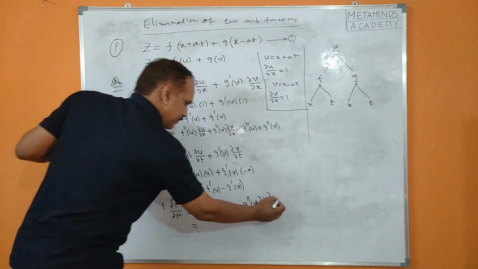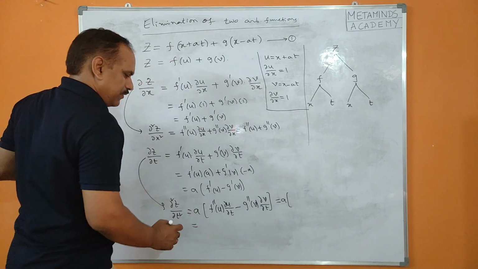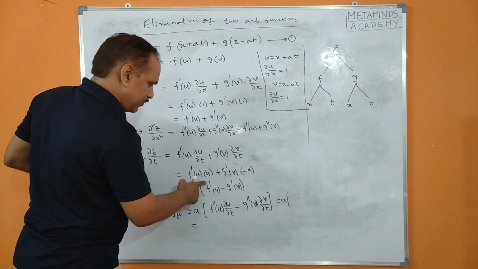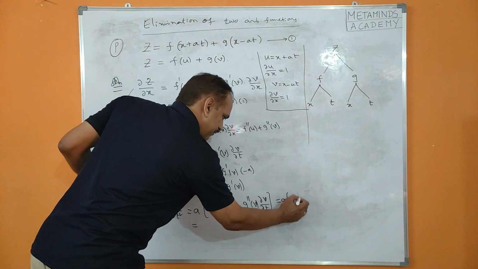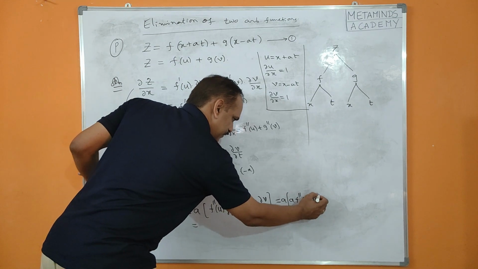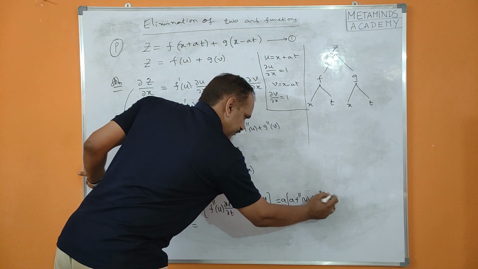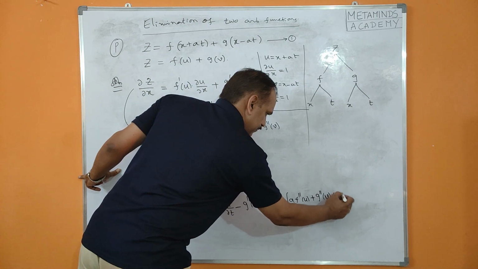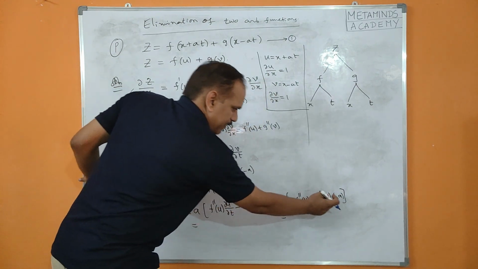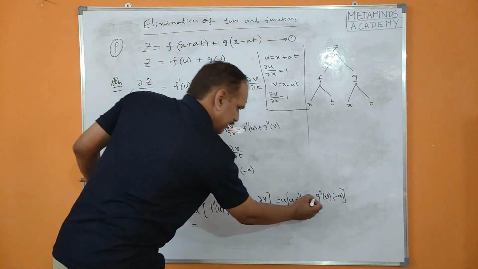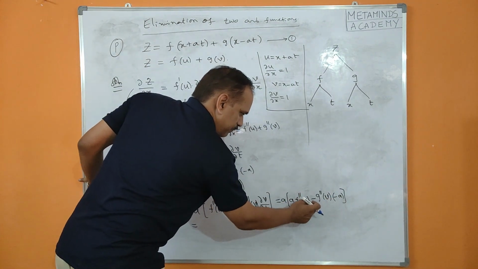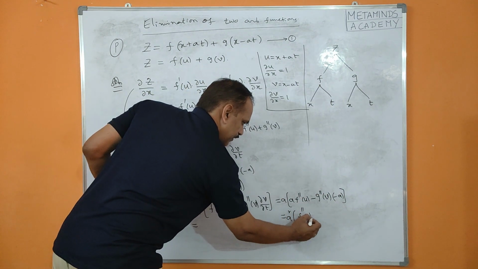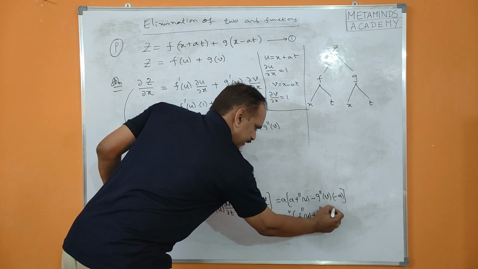This is a into, what is dou u by dou t? Dou u by dou t is a, dou v by dou t is minus a. So it is a into f double dash u into a plus g double dash v into minus a. So you have a negative sign here, so that you will get minus into minus plus, and you can take a out, a square into f double dash u plus g double dash v.